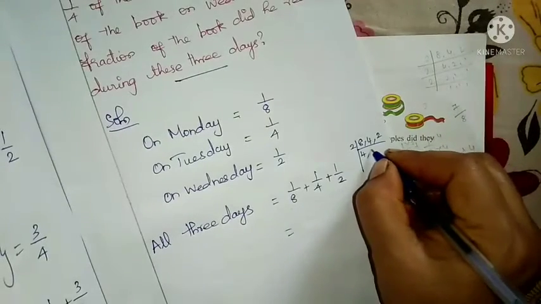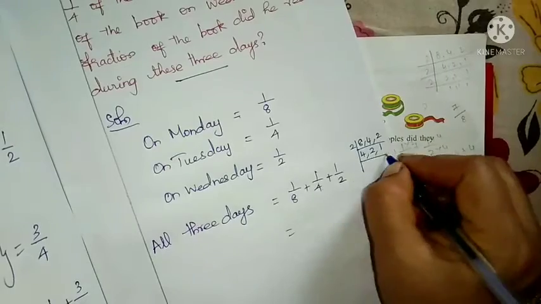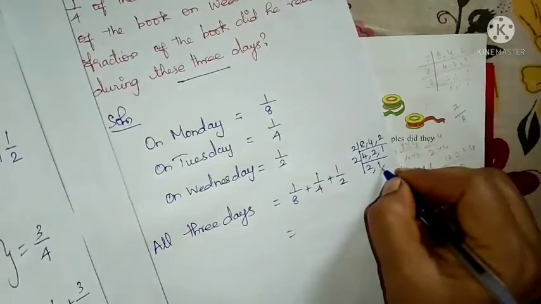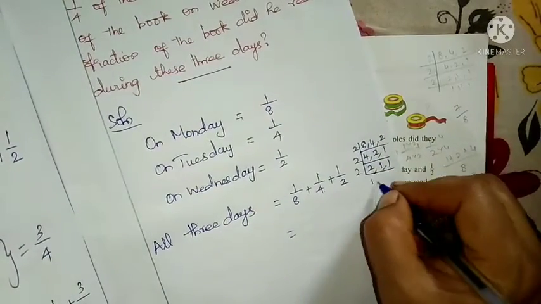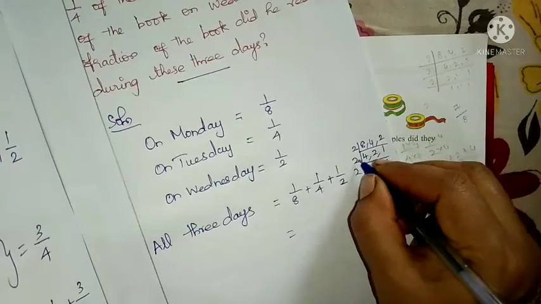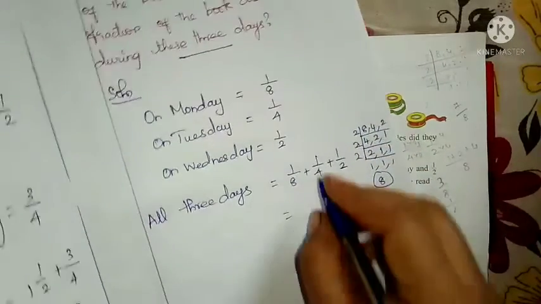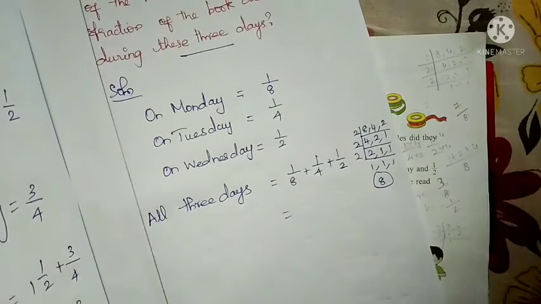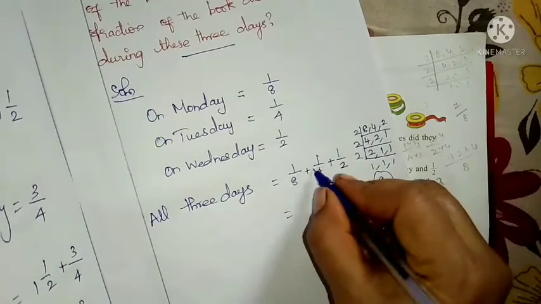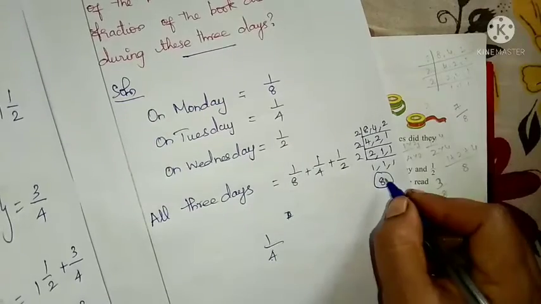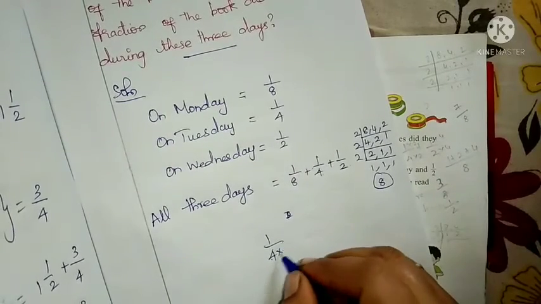So 2 table, 8 comes at 4 times, 4 comes at 2 times, 2 comes at 1 time. Again 2 table, 4 comes at 2 times, 2 comes at 1 time, 1. Again 2 table, 1, 1, 1. 2 2s are 4, 4 2s are 8. So we want to change all the denominators to 8. See, this one is already 8 only. So we have to change only this 1 by 4. In the 4 table, when you get 8, it is 2 times.